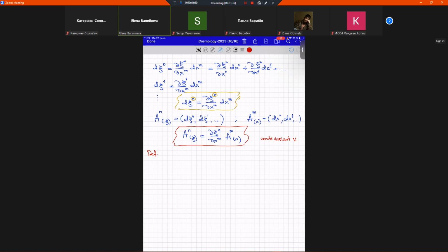This is a set of four values which transform, under transformation of coordinates, as differentials.